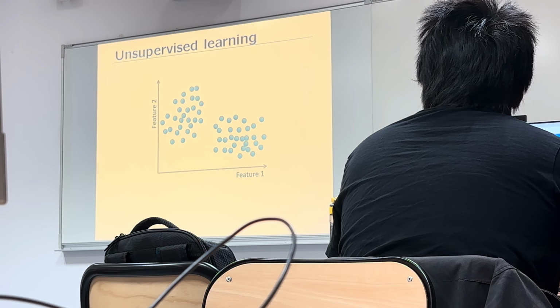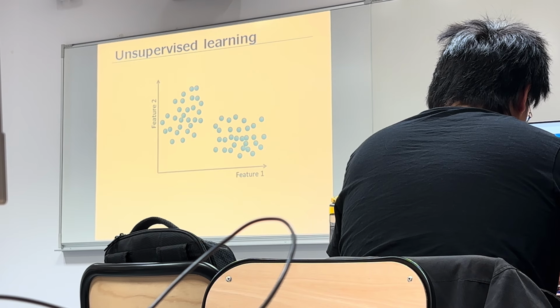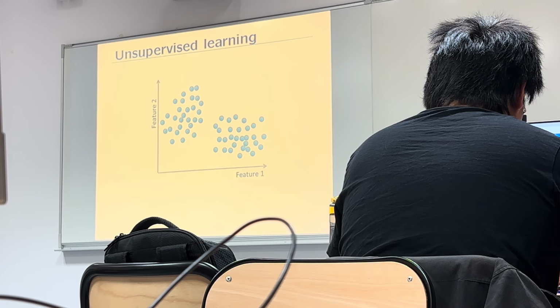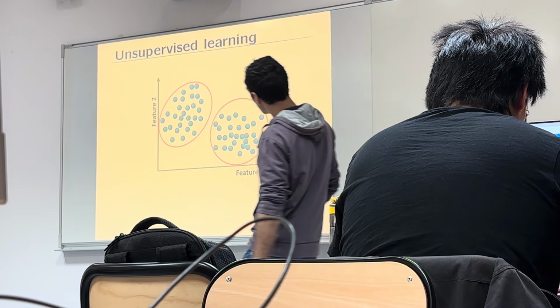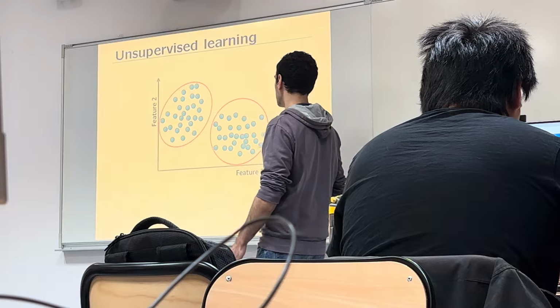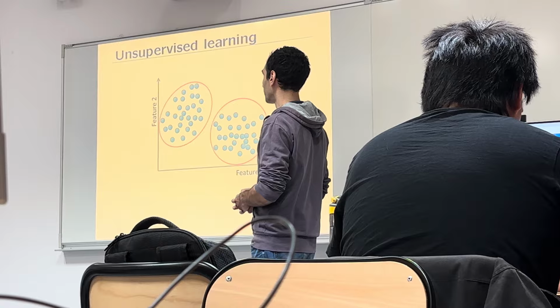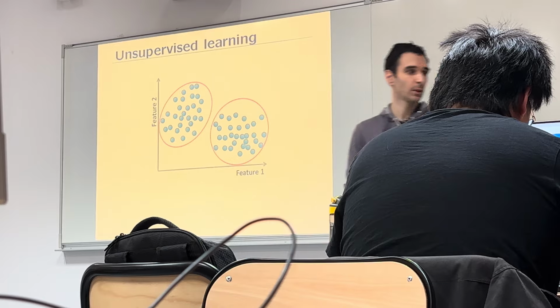For example, if you have two dimensions, if you represent two features, you see here that there might be two groups, because there seems to be a small gap somewhere around here. So if you use some nice algorithms, you can make and represent these two groups.